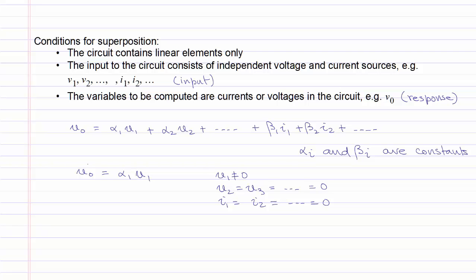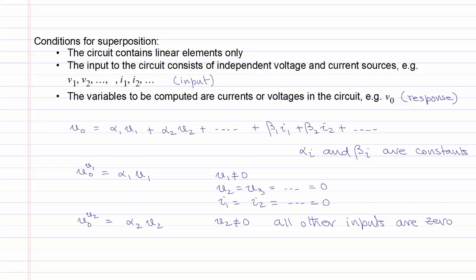We will attach a superscript of V1 to the output V0 to indicate that this is the output due to the input V1 only. Similarly, we can define V0 with the superscript of V2 equals alpha 2 V2, where only V2 is non-zero and all other inputs are equal to 0.